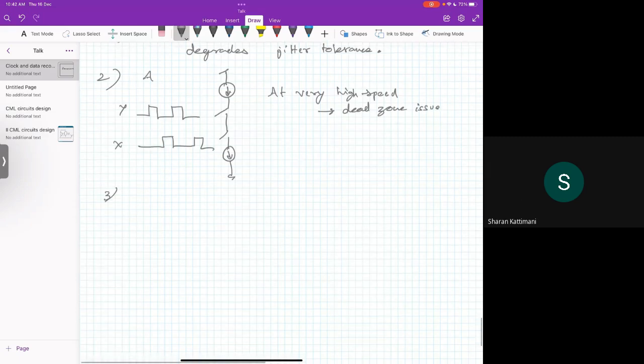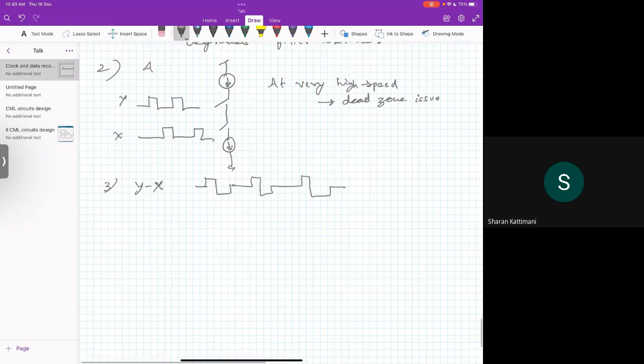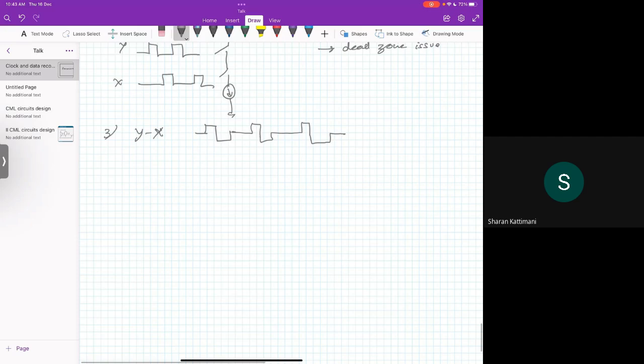Third is, we ultimately take the average, and suppose the waveform is something like this. Ultimately after this filtering action, we will get this kind of waveform, something like this.